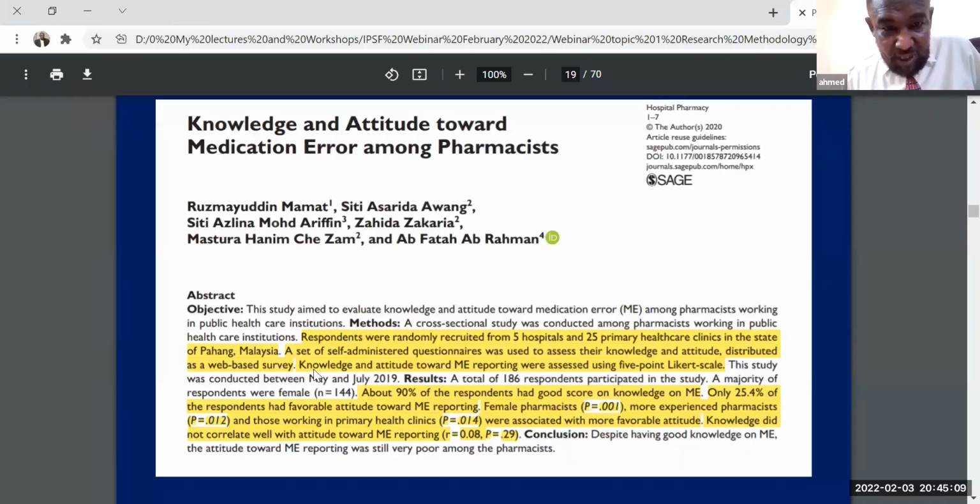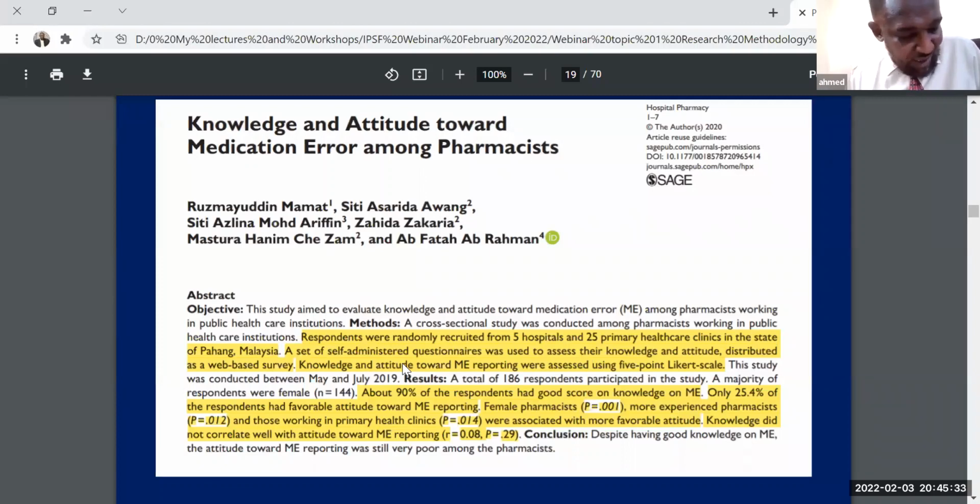Here they are talking about knowledge and attitude, and they use what is called a 5-point Likert scale. That means every question related to knowledge or attitude is rated by the respondent on 5 points, from 1 to 5, like the example we will see in the next table.